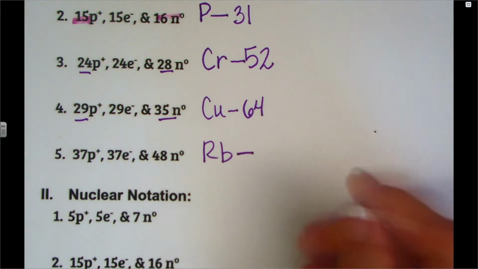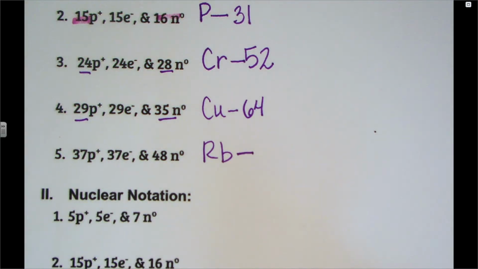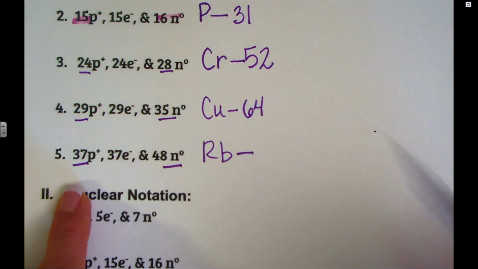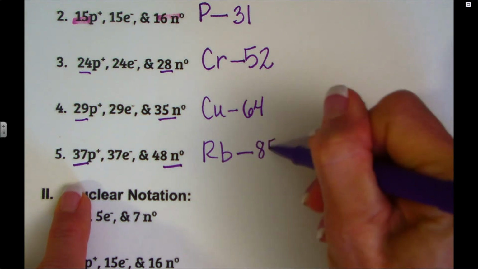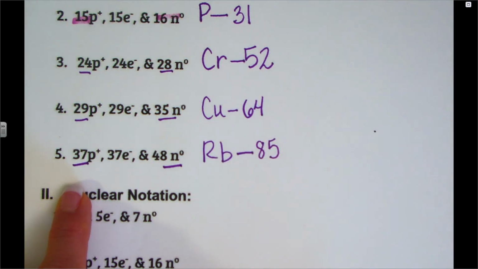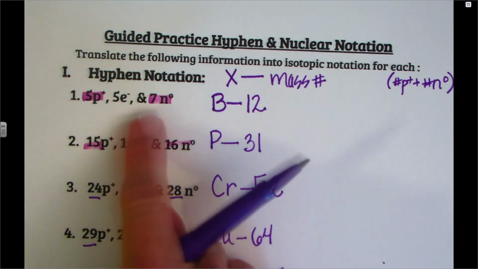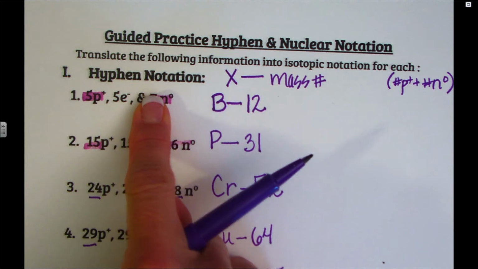You put your hyphen to separate your symbol from the mass number, and now to get your mass number, you add 37 to 48, and that's going to give you 85. So all of those are hyphen notation because there's a hyphen in the notation.